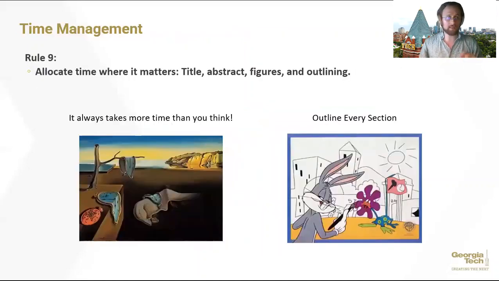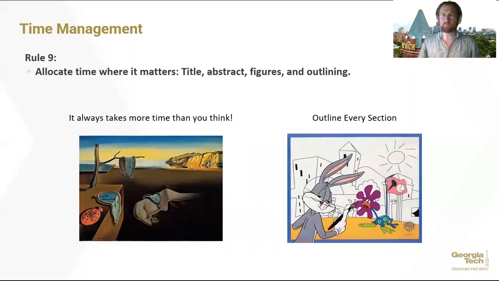However, one important thing is to know time management. I cannot stress enough, this is where the majority of problems occur when writing papers. You want to write early and write a lot. You always want to be able to trim down your paper rather than having to build up.